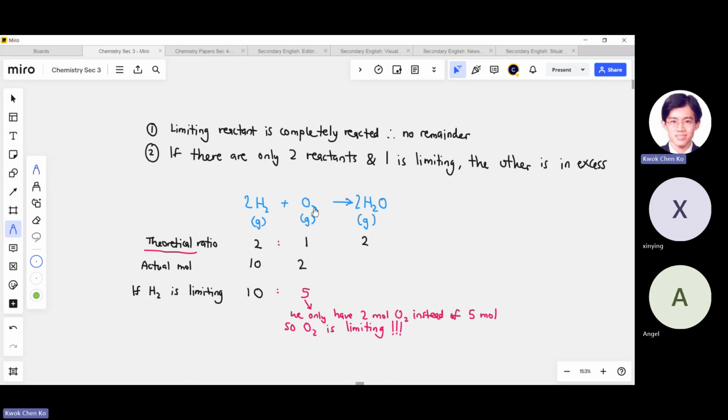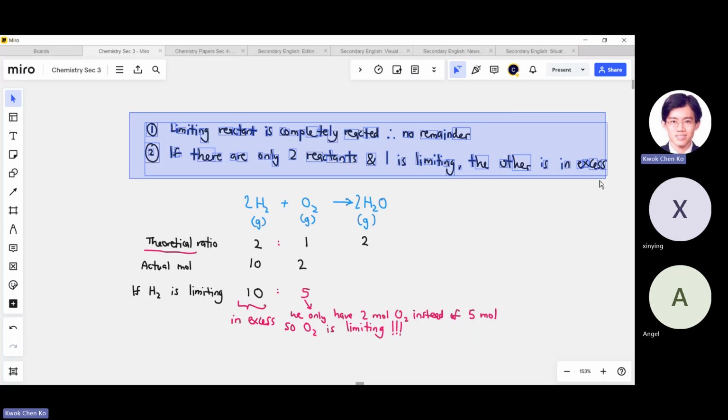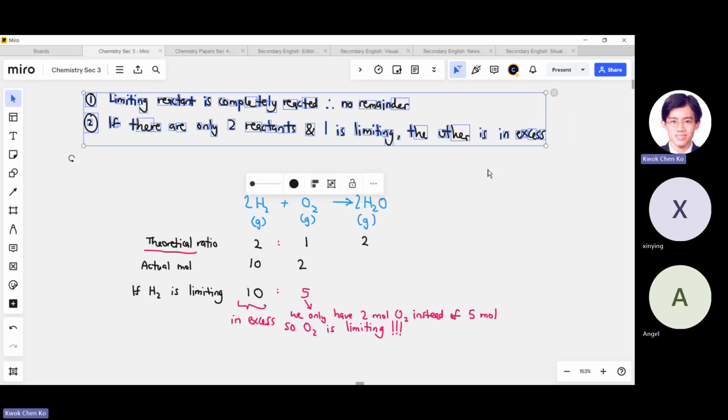So therefore, who is limiting just now? O2, right? And therefore, I can safely conclude H2 is in excess. Oh, by the way, my guideline is vice versa.